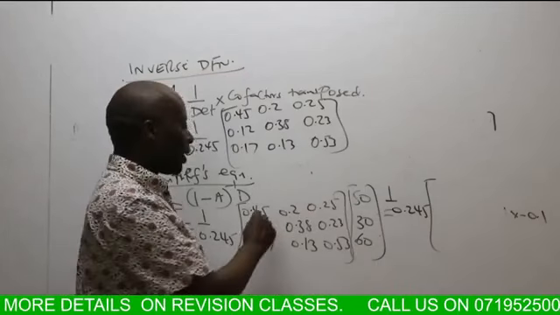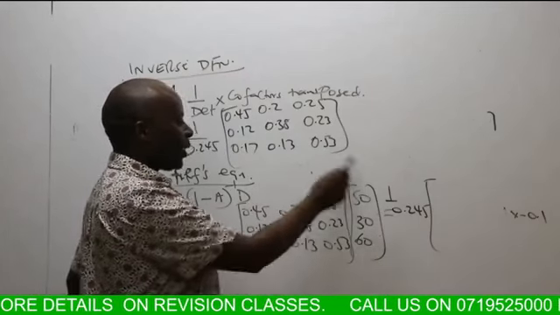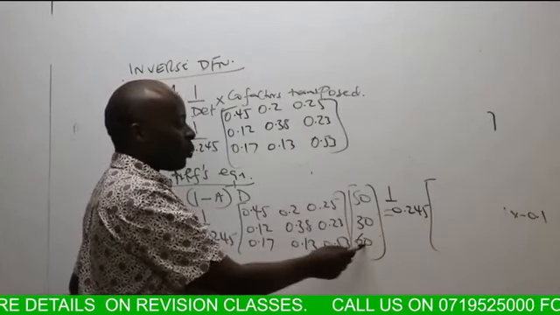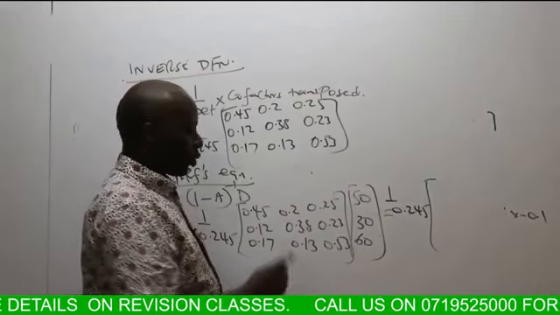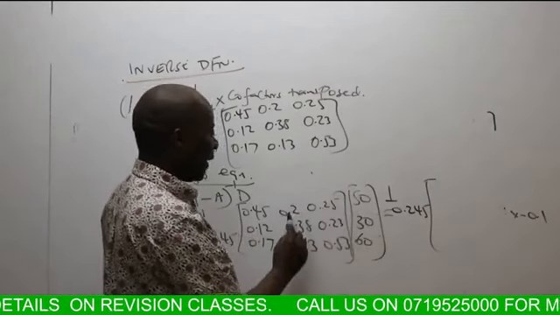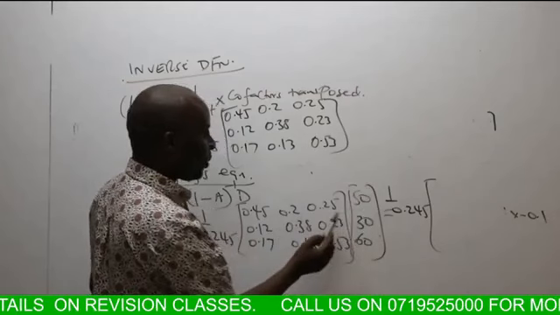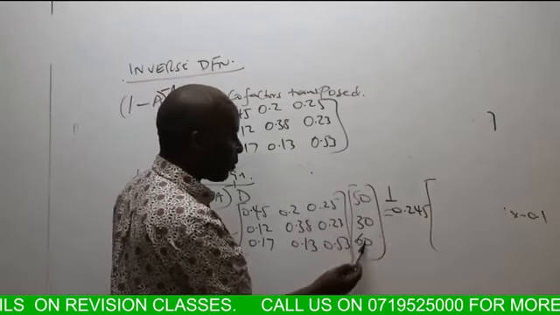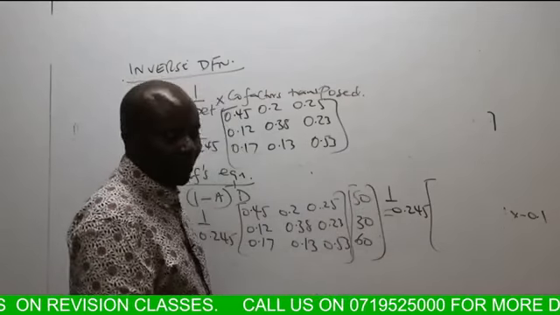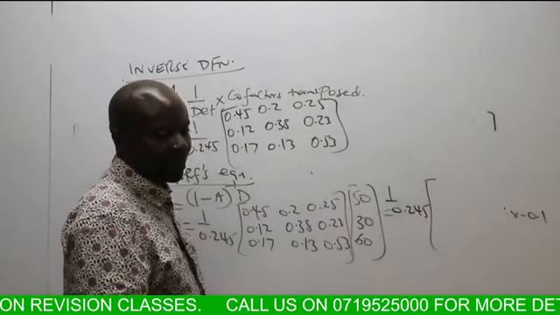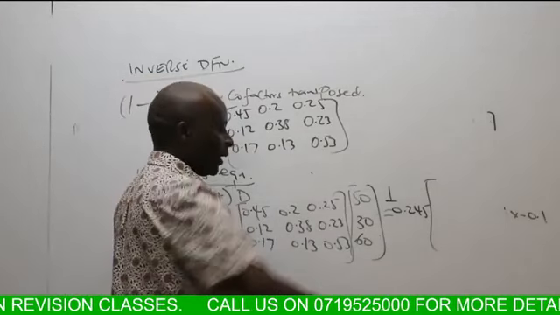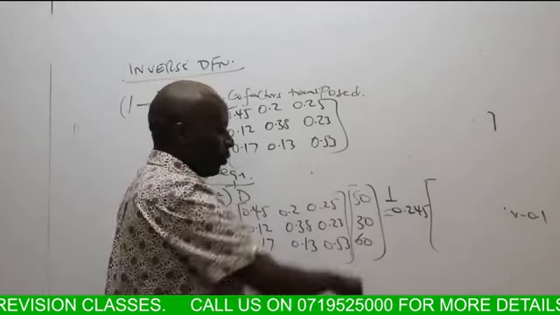And how do we do it? First one's multiplied, plus second one's multiplied, plus third one's multiplied. You give us an answer. So we have row 1, column 1.